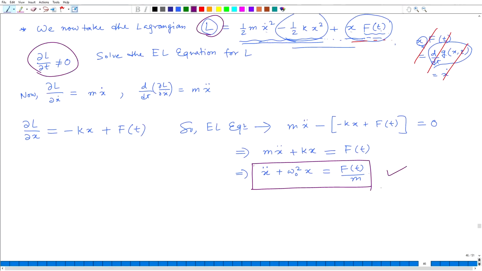So you see that again a Lagrangian which is not in the form of T minus V can give you a forced harmonic oscillator.